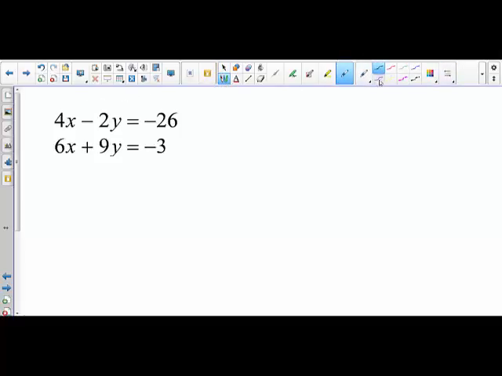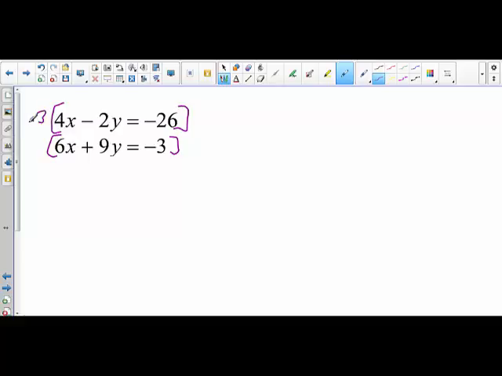So I'm going to try to multiply the top one and the bottom one in order to get the coefficients to be the same. Well, 6 and 4, I can make them both 12. Pretty easy, but I need to make one positive and one negative. You choose. It could either be the top one.